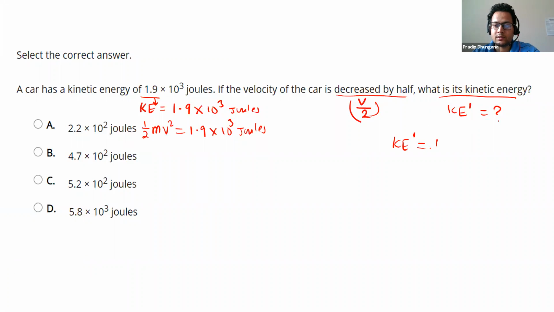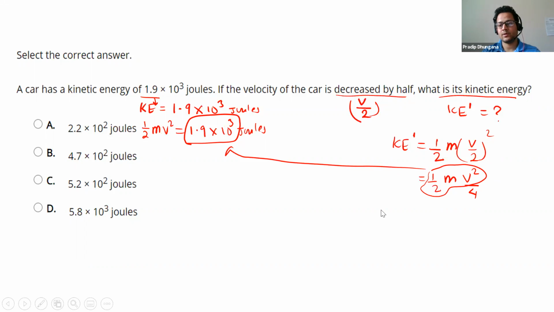The new kinetic energy is equal to 1/2 mass as it is, but velocity is (v/2) squared. So 1/2 mass as it is, velocity squared becomes v squared over 4. But you can see that 1/2 mass times velocity squared is 1.9 times 10 to the power 3.